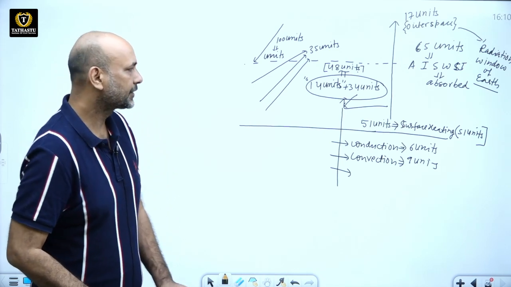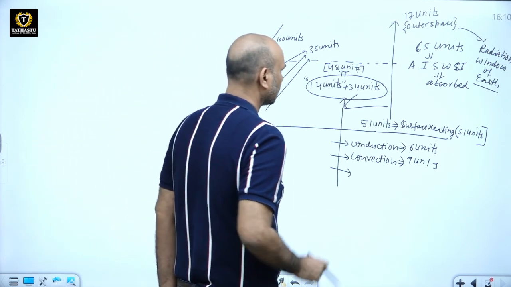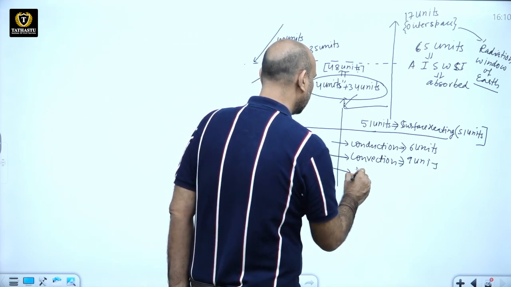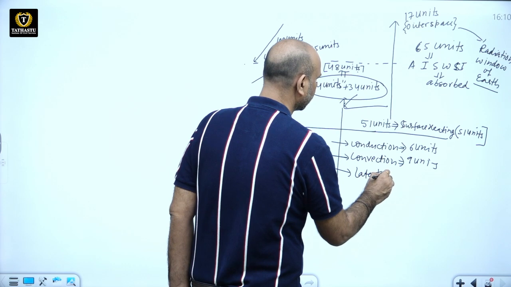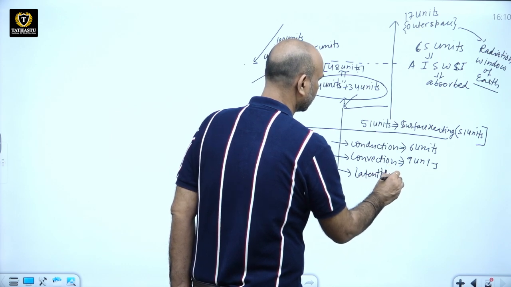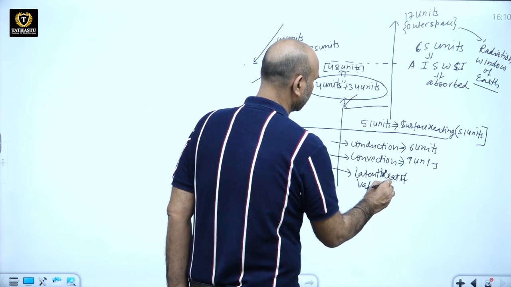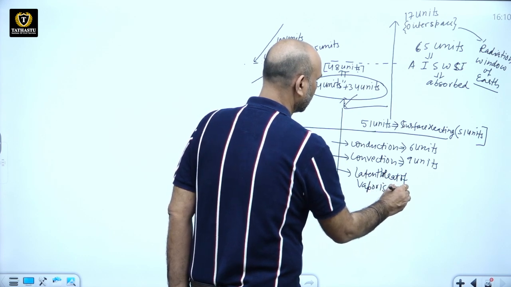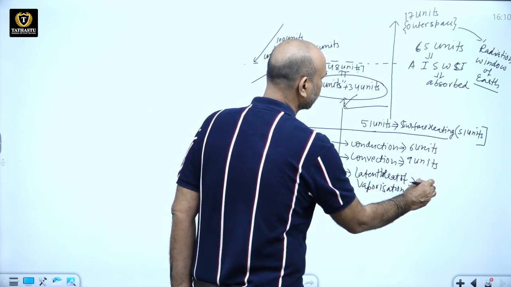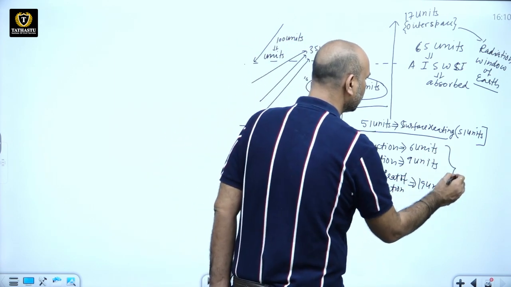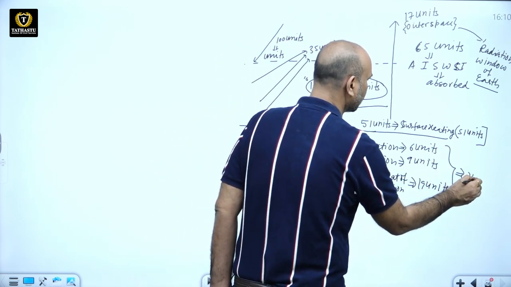How much is the rest? Then latent heat of vaporization, that is 19 units. So together they contribute 34 units.